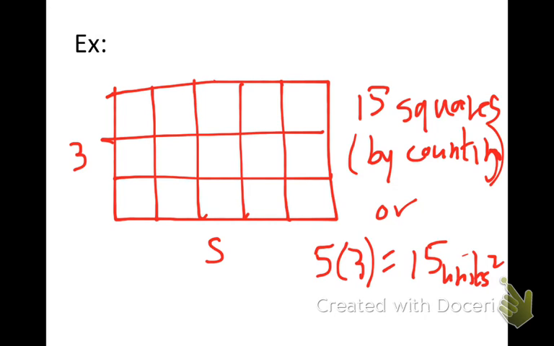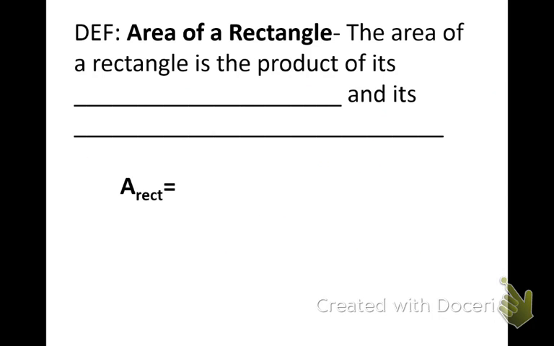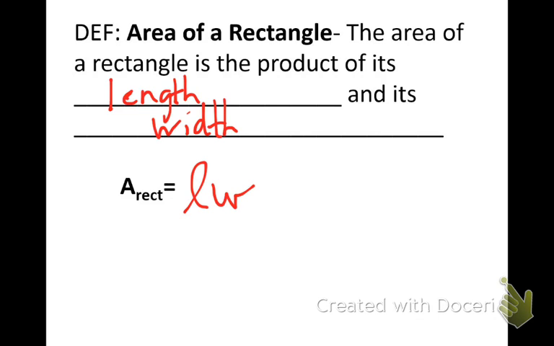All right. Questions? Area of a rectangle is the product of its length and width. L times W.